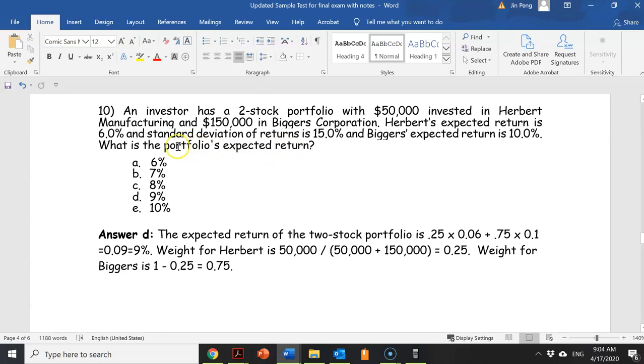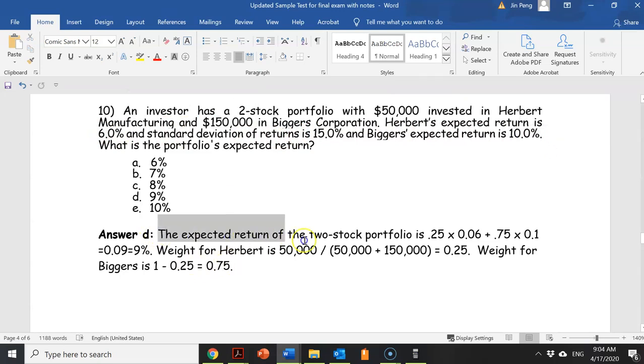Okay, so we are looking for the portfolio return, and we know the portfolio consists of 2 stocks. For each stock, we know the amount of money we invest. We also know the expected return for each stock.